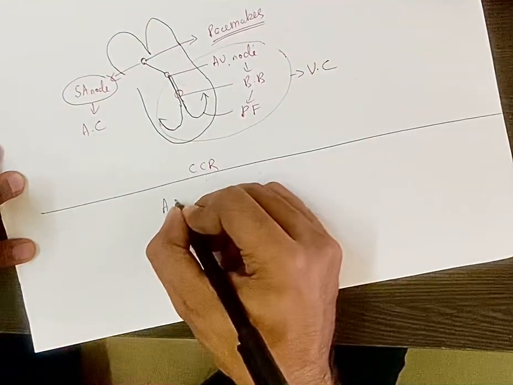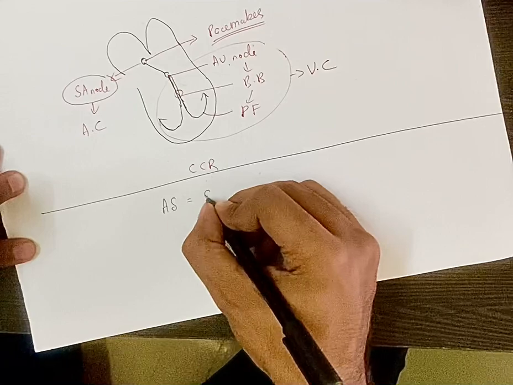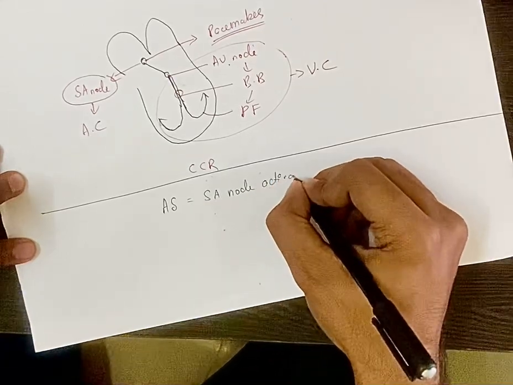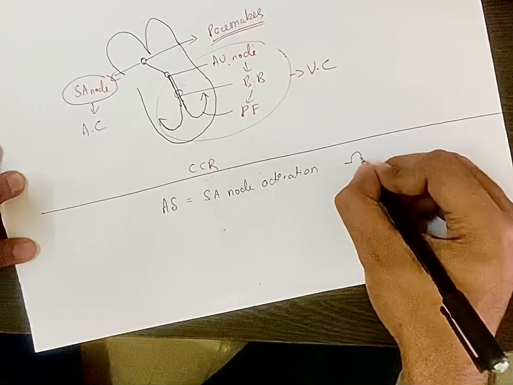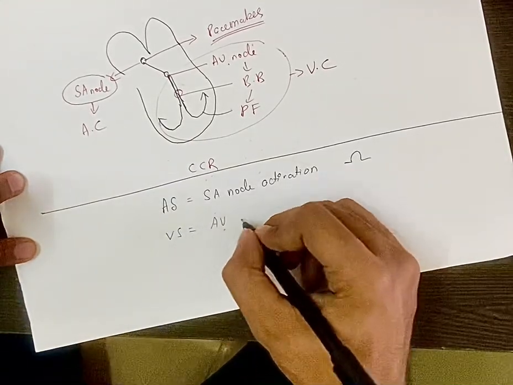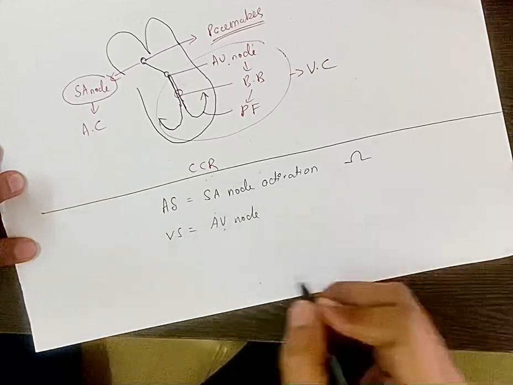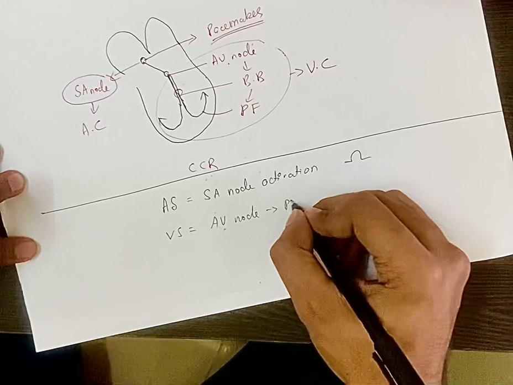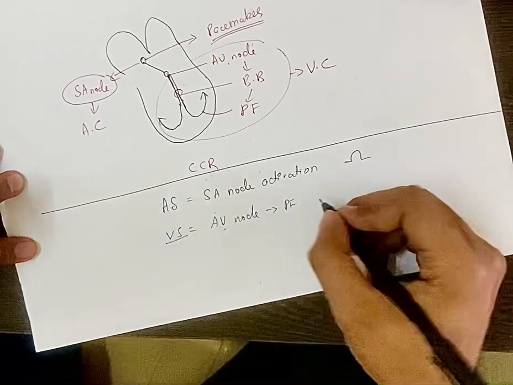And in the ECG, when there is atrial systole due to SA node activation, it is shown as the P wave. When ventricular systole occurs, the AV node gets activated, and it gives a signal to the Purkinje fiber and ventricular systole occurs.